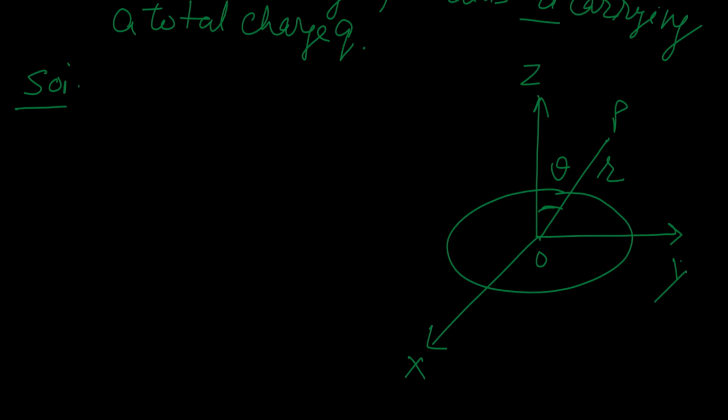It is obvious, as about the z axis, if we consider the ring is in the xy plane, the charge distribution is symmetric about the z axis, and the z axis is the azimuthal axis, so the problem has azimuthal symmetry. And in the case of azimuthal symmetry, what is the solution of Laplace equation you have just used in the previous problem? So we will write the solution of Laplace equation in this case as in the previous problem.